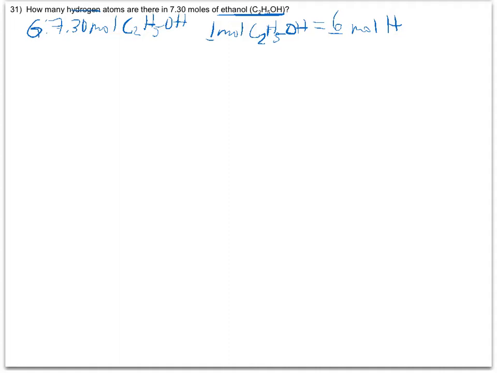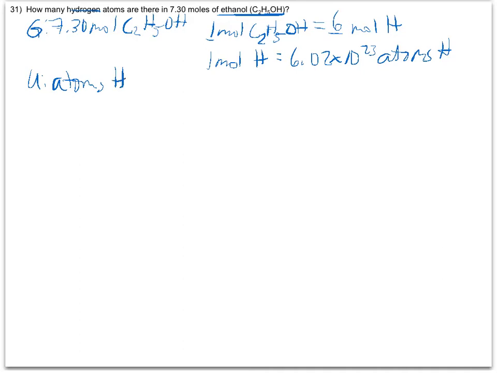Okay, that gets us into moles, and then it asks us to go to atoms. So that's Avogadro's number. Once we've got moles of hydrogen, then we can use Avogadro's number to go into atoms of hydrogen. So this is just a 2-step to get to atoms of hydrogen. So we're starting with moles.